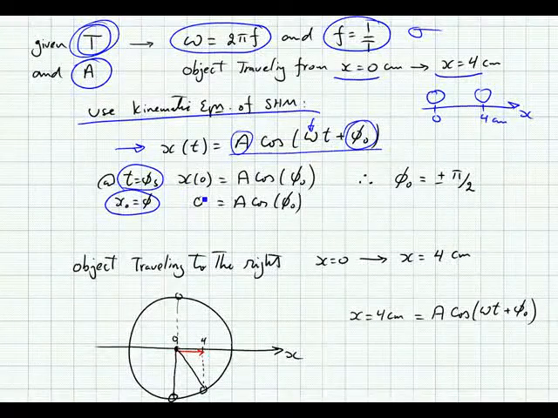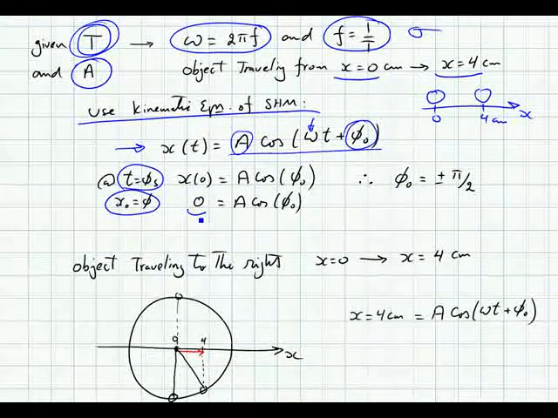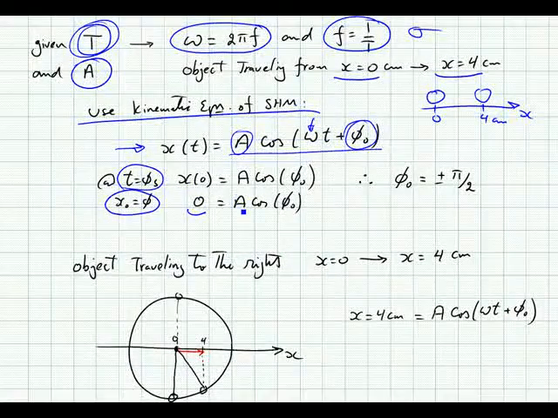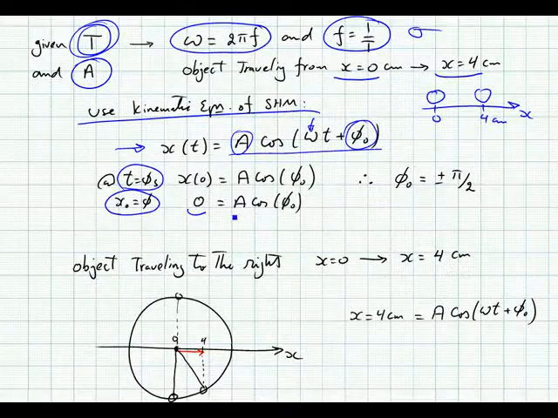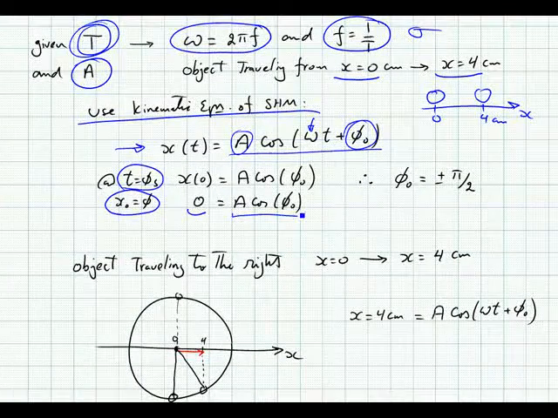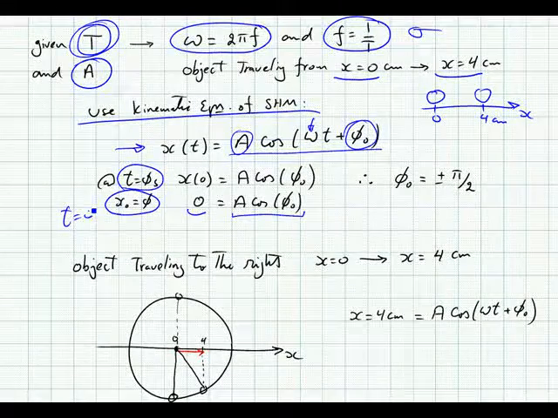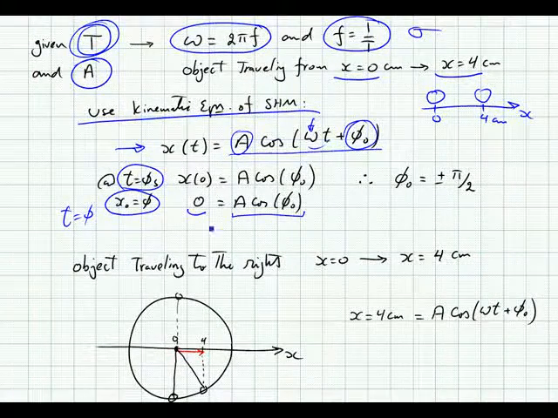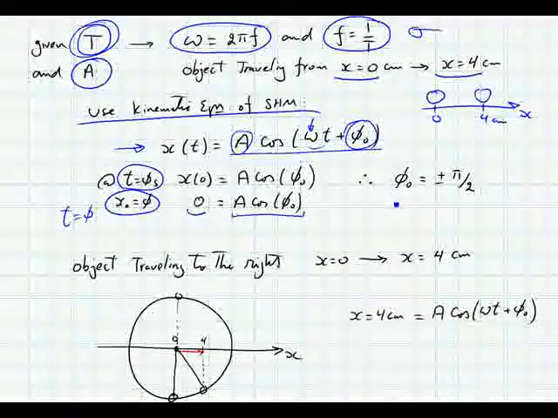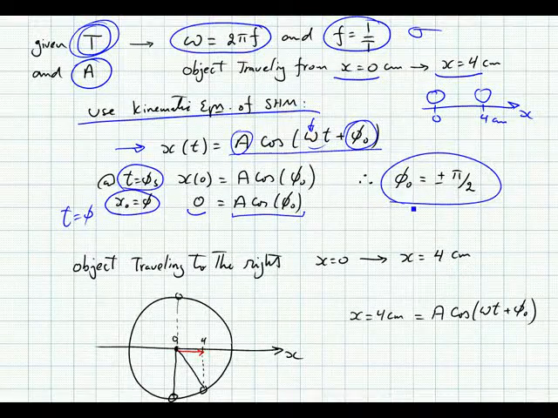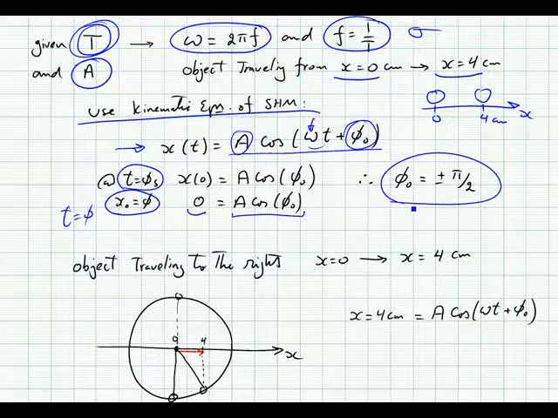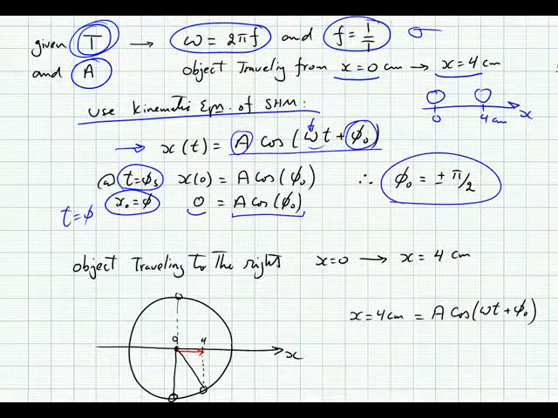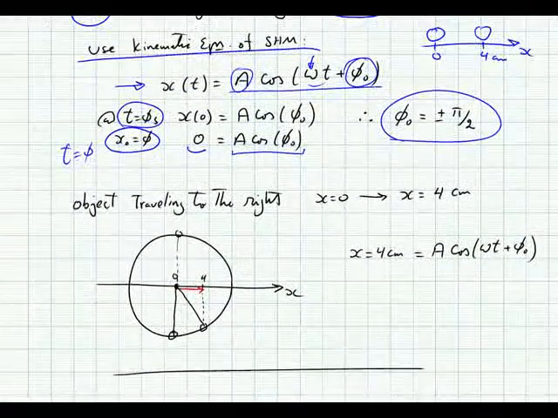Now at x equals 0 centimeters, the kinematic equation reduces down to A cosine phi naught, since time is 0. So if you put in time 0 there, the omega term disappears. And the solution here is phi naught is plus or minus pi by 2. But now you need to choose the appropriate root.